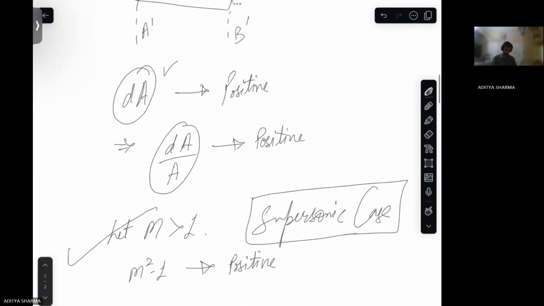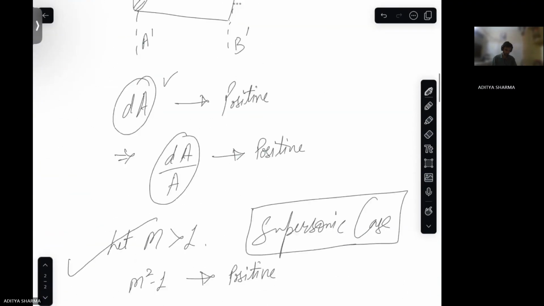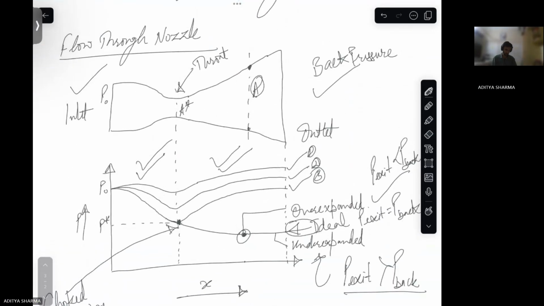At the throat, sorry, at the throat your Mach is 1 when the throat is choked. When Mach is 1, the throat is choked.